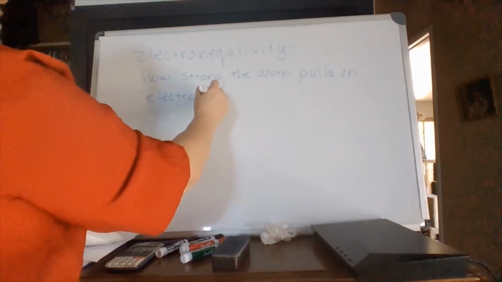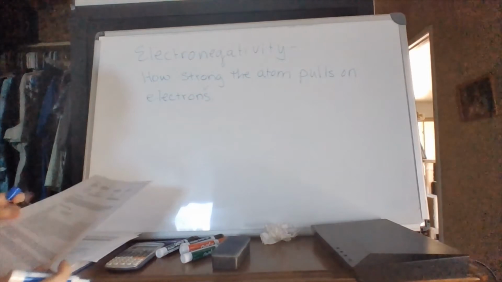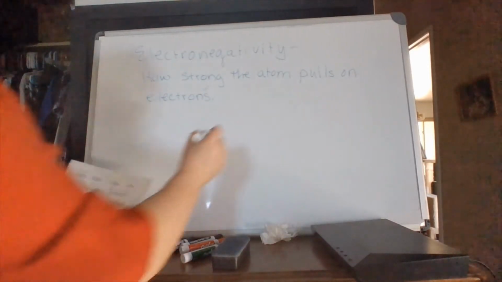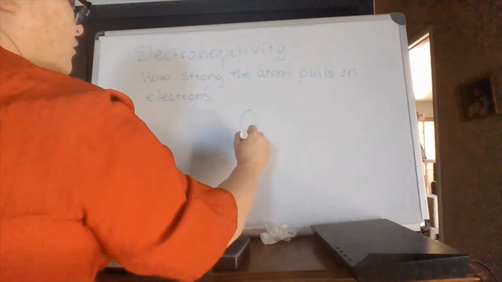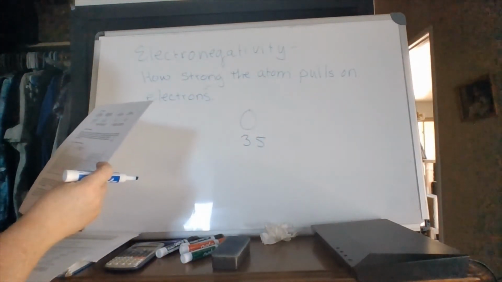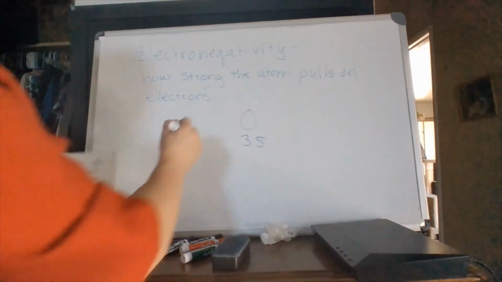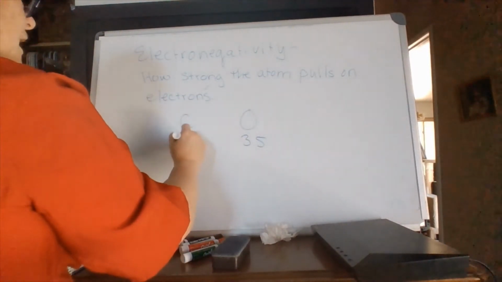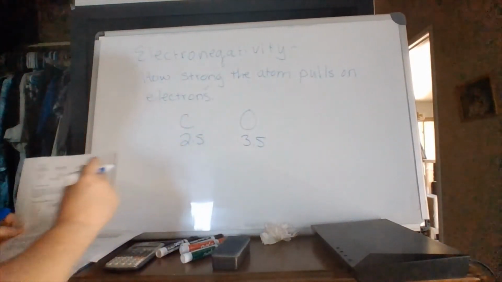So let me take a couple atoms and show you what I mean by that. If we look at oxygen, oxygen has an electronegativity of 3.5. But if we look at carbon, carbon has an electronegativity of 2.5.